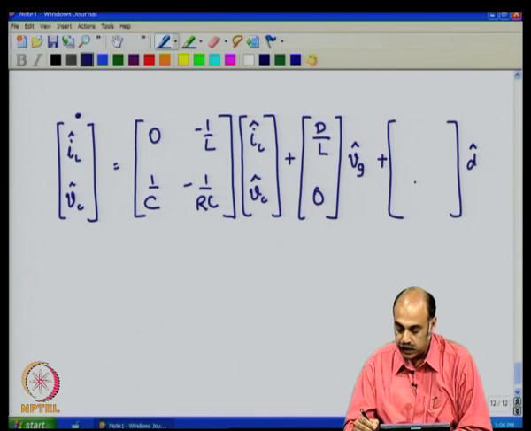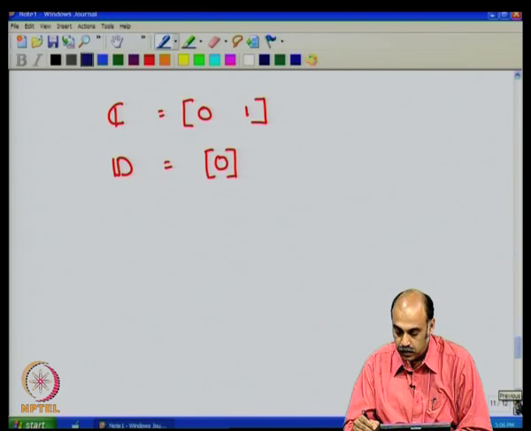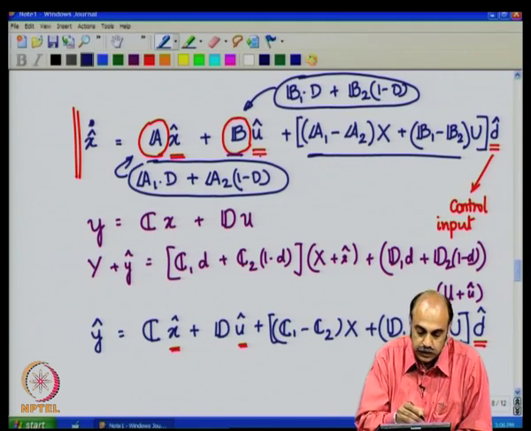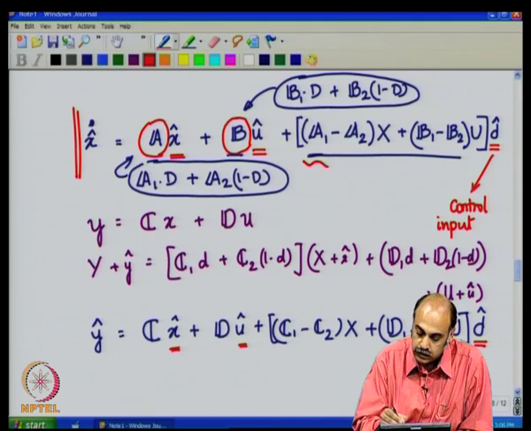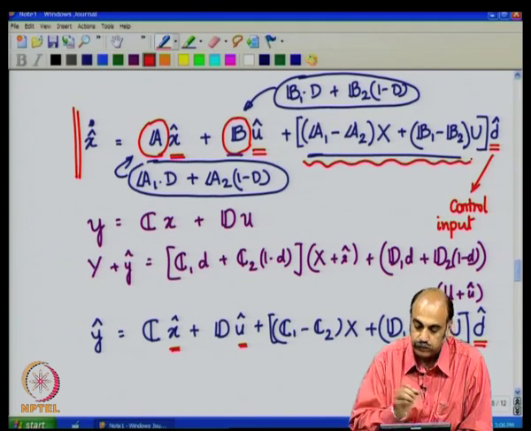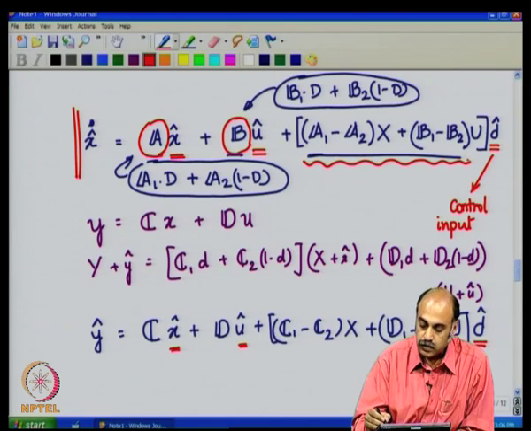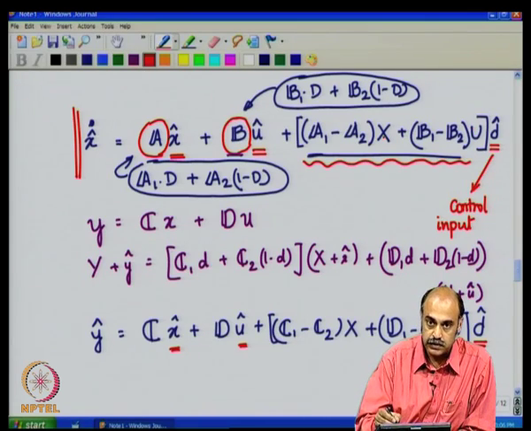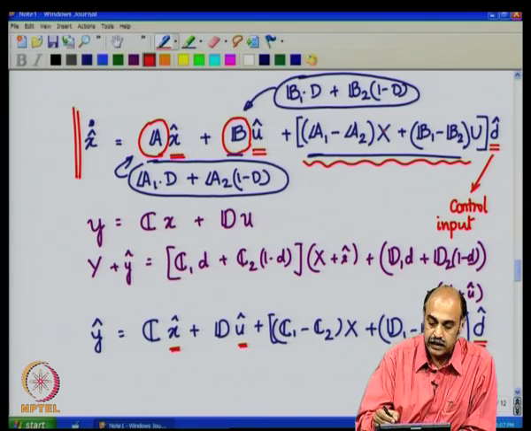Now, this portion is to be taken as you see in this portion of the derivation. So, what is uppercase U? It is nothing but V_G. What is uppercase X? I_L and V naught. So, A1 minus A naught is 0 in this specific case.